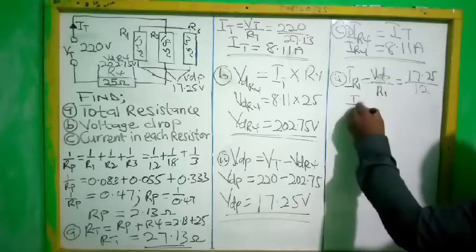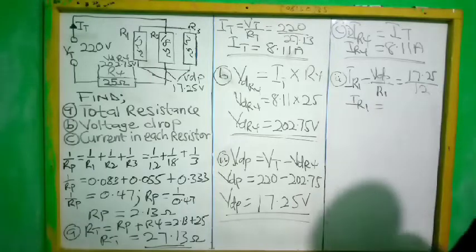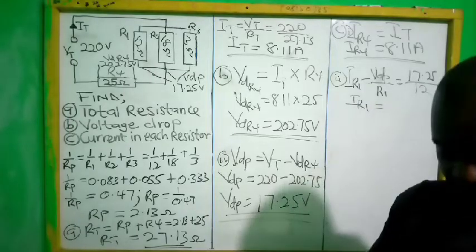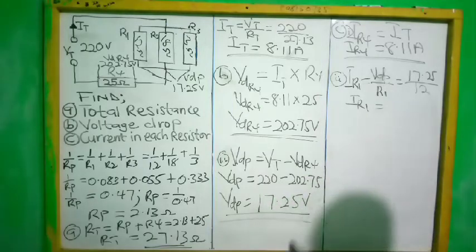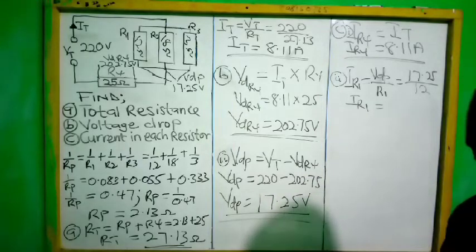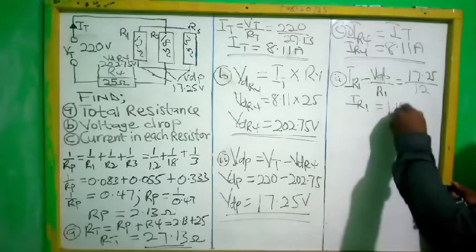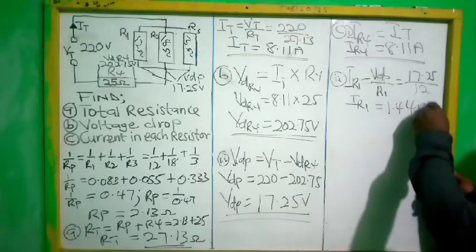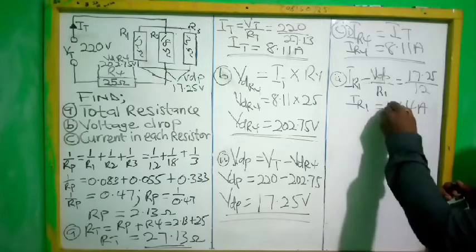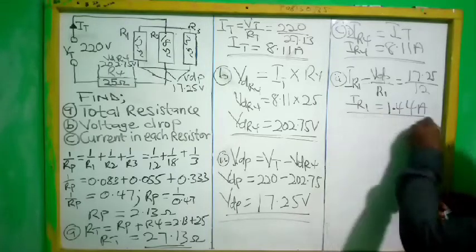So current in R1 is equal to 17.25 divided by 12. We have our answer as 1.44 amps. So this becomes our current in R1.